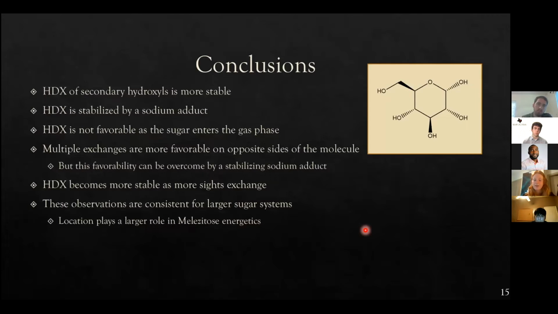So we were looking at these energetics to say, here's where exchange is going to be most favorable based on computation, and then applying it to say, that's why we're seeing this particular fragment coming out when we're running CID on these sugars.